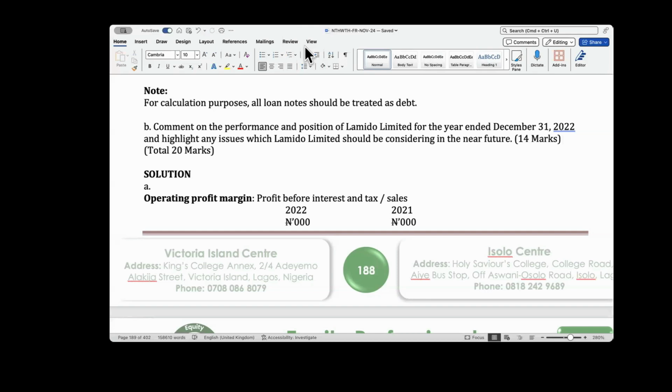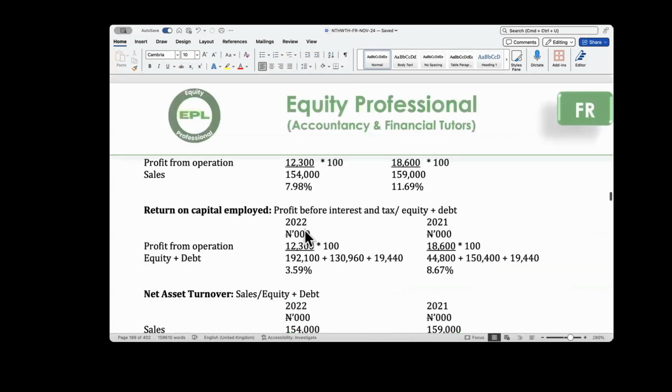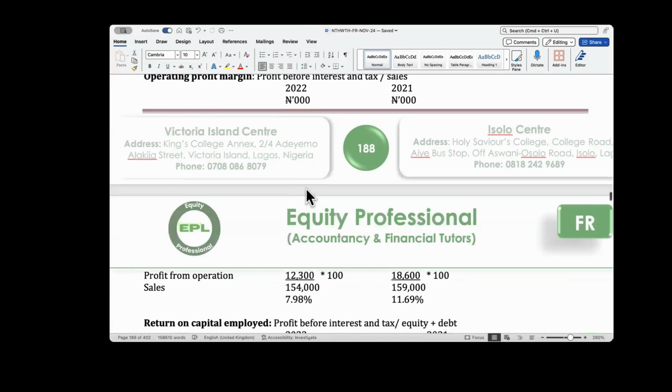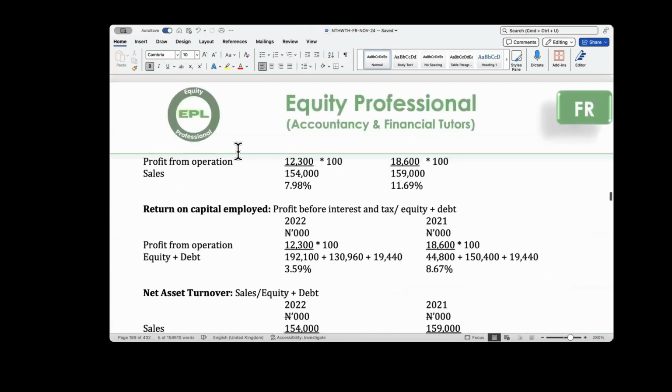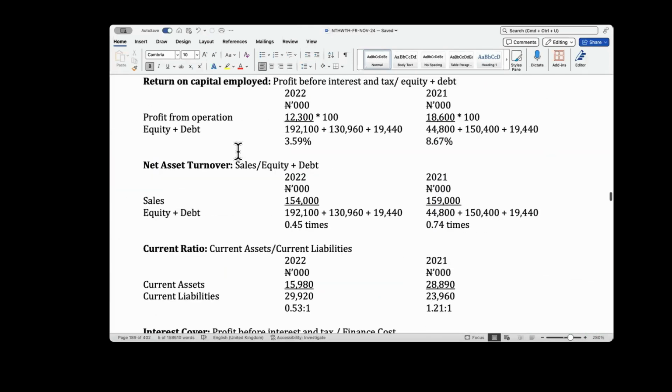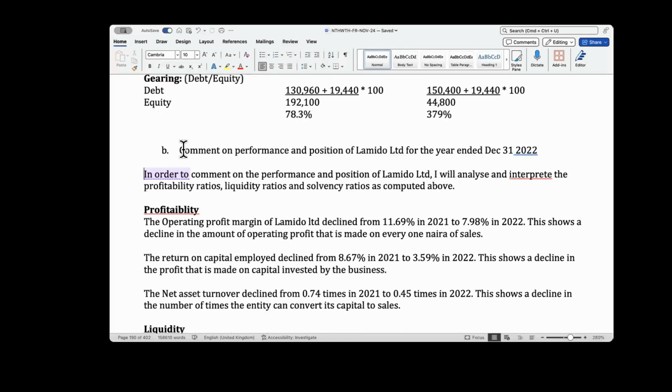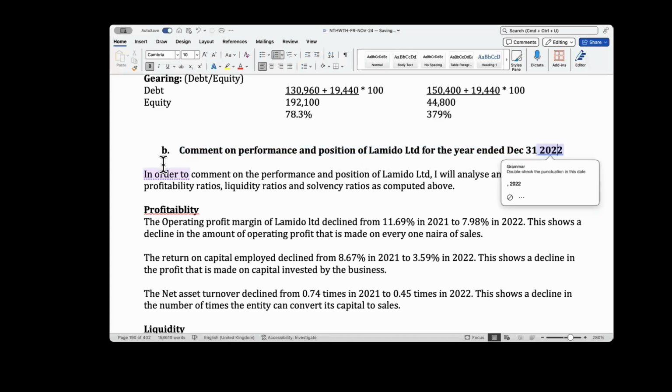When they say I should comment on performance and position, all I need to do is comment on all of these ratios. I will pick them one by one and comment on them. I started with the heading: comment on performance and position of Lamido Limited for the year ended. Then I went straight to my solution.